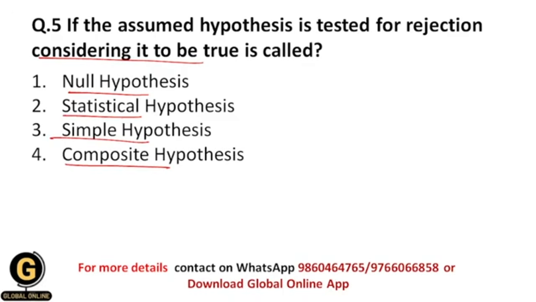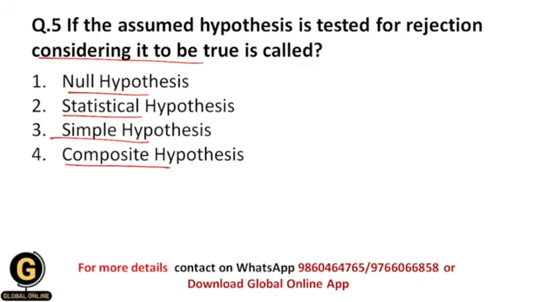So students, as I have told you in the previous videos as well, there is only one hypothesis which is called the null hypothesis, and that only we are going to test. Okay, we don't test other types of hypothesis in the research process.